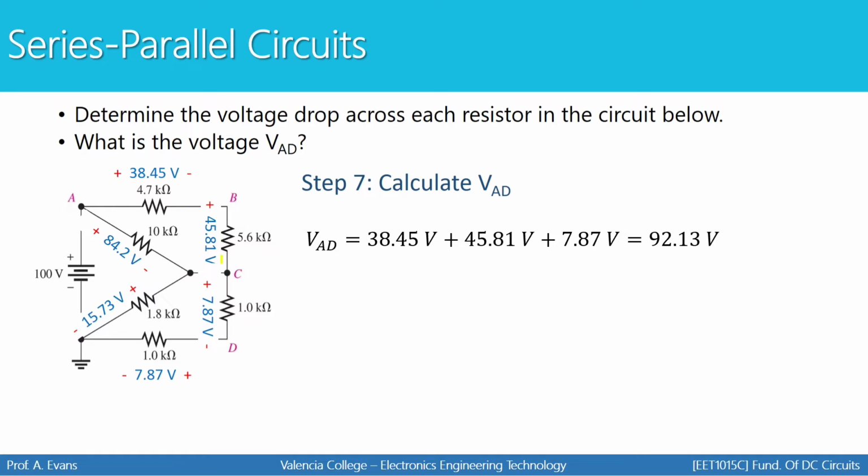If I go this way, I'm going to have a positive 38.45 volts, a positive 45.81 volts, and a positive 7.87 volts. If I add all those up, I get 92.13 volts, which represents the voltage from point A to point D.